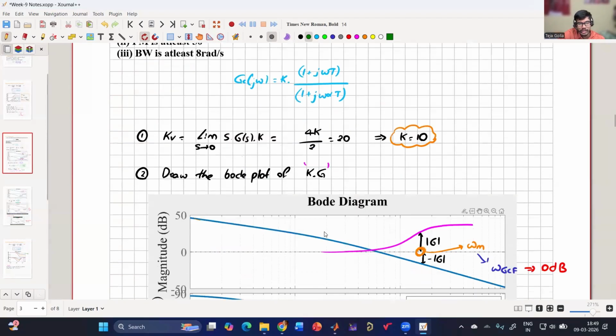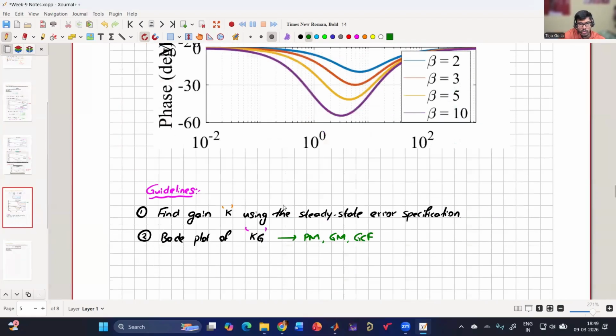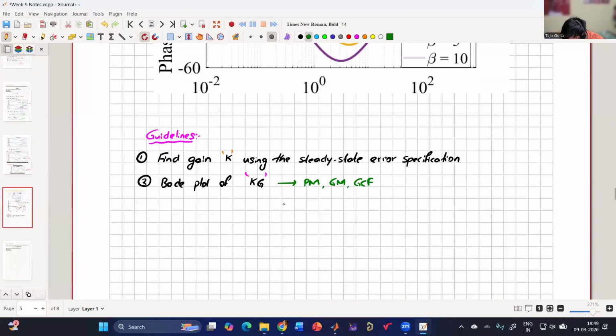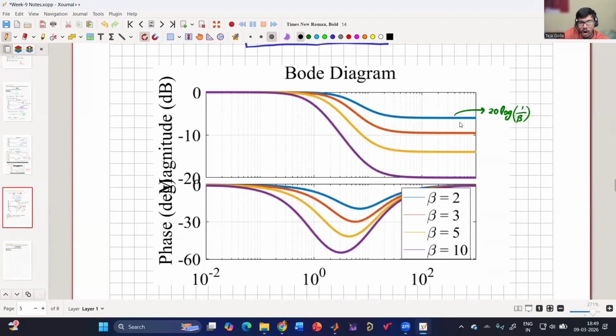In the case of lead, we are calculating how much phase is needed, where the frequency is needed. But in this case, we are going to do it a little bit opposite. We will be taking how much gain we have to reduce. Okay, so what we are doing here is slightly different.